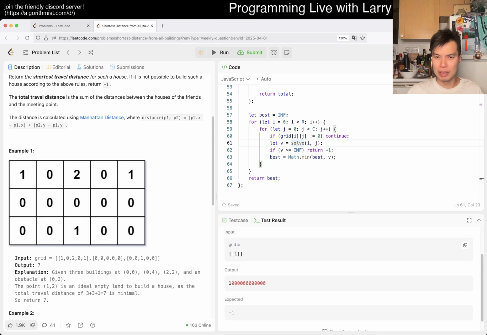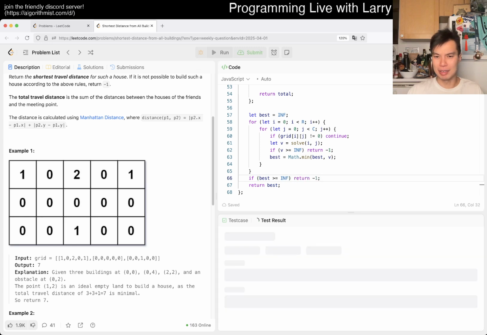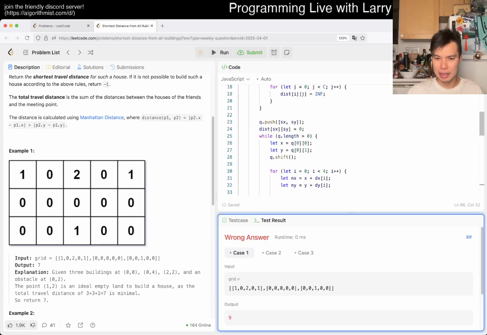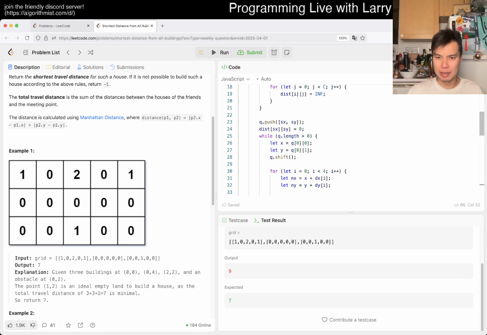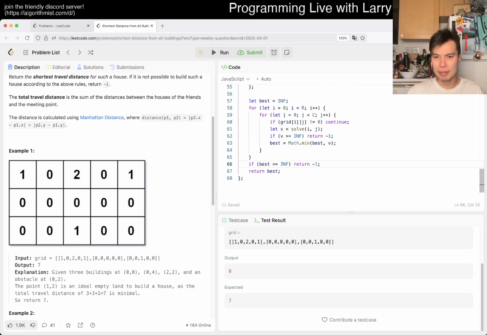Oh, you just can't build anywhere, I guess. Okay, fine. But that's crappy, it doesn't help me as a test case. Okay, why would I get 9?